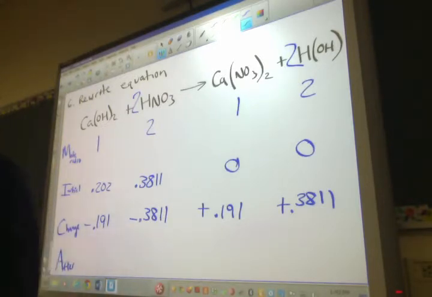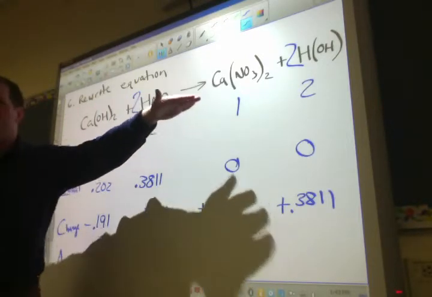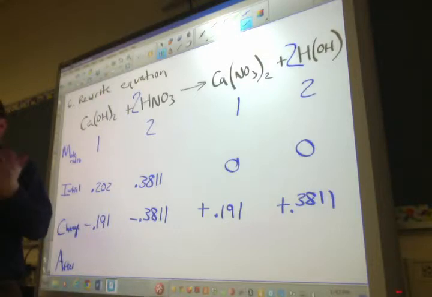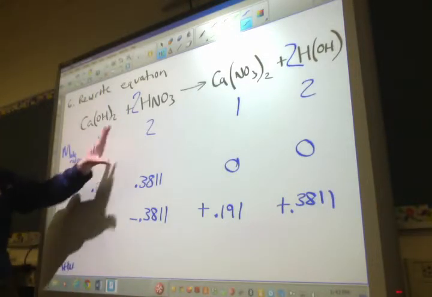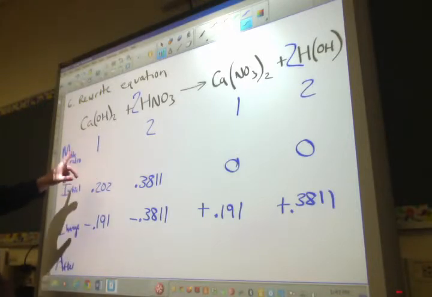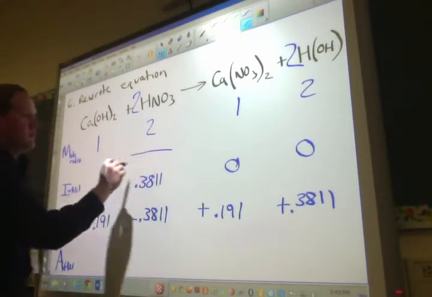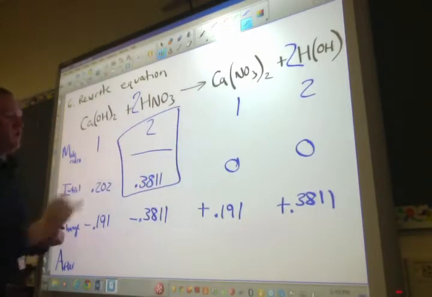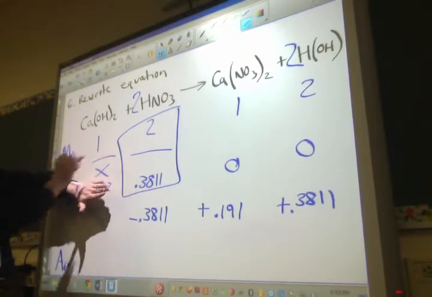Okay? Got it. The other way you could have worked this out, because sometimes you're not going to have any repeating numbers, which kind of stinks, but sometimes it happens, you're going to have to use your mole ratio. And what I'm going to say is, 2 over 0.3811 equals 1 over x.